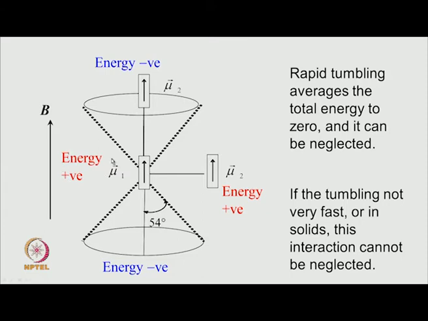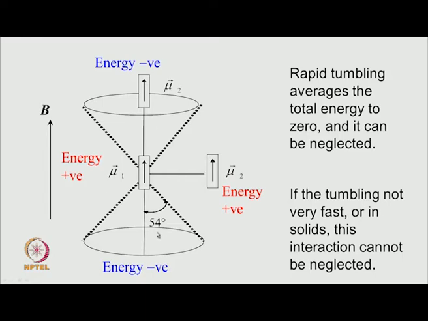So, it turns out that if we really look at the interaction operator in detail, the angle of approximately 54 degrees is the defining angle within which, rather within this cone of this interaction region, the energy is negative, here also energy is negative, and exactly along this region the energy of interaction becomes 0.